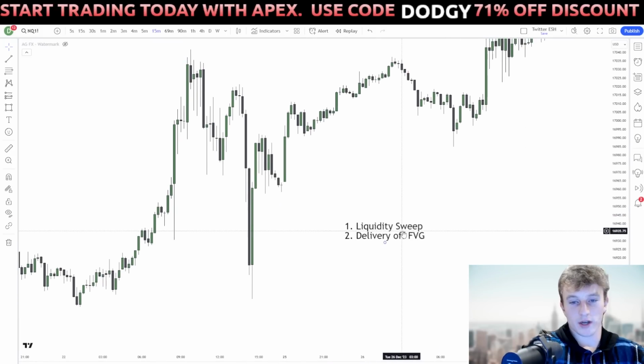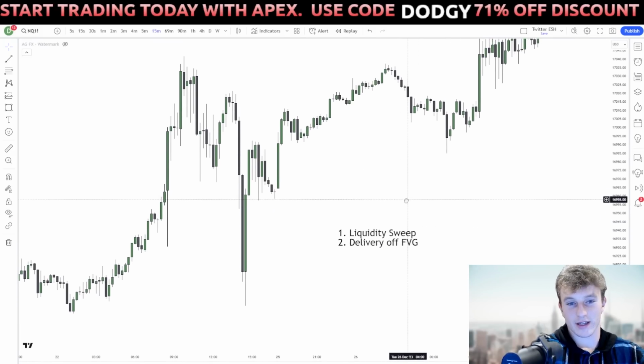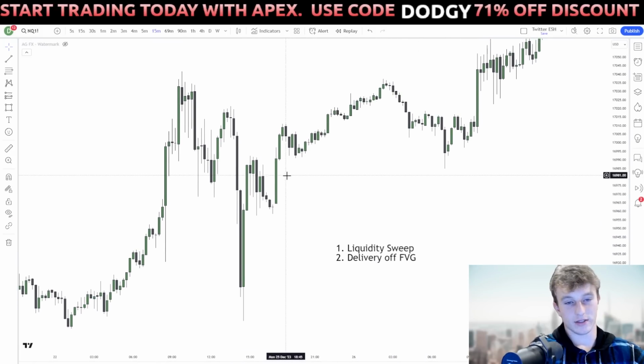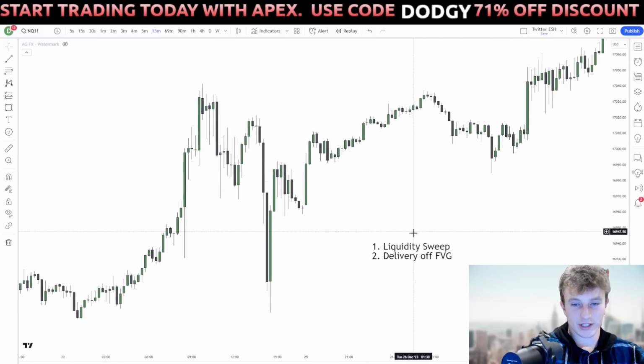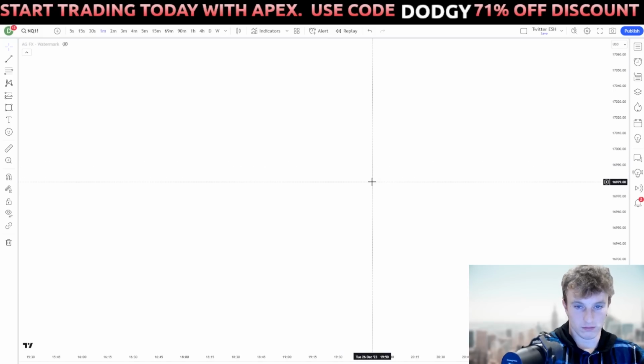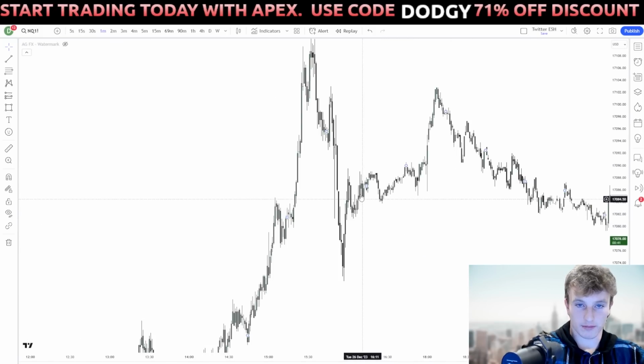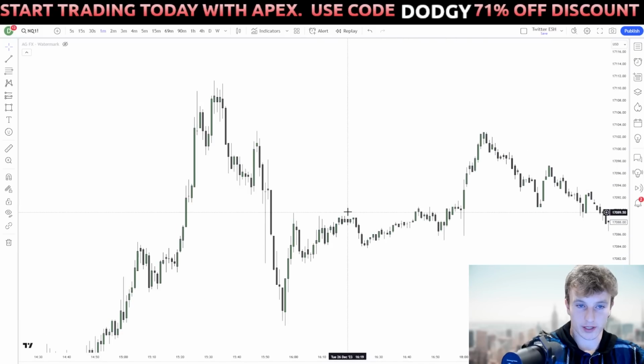You're probably wondering what an inversion fair value gap actually is, and why I like these so much. Let me show you something.